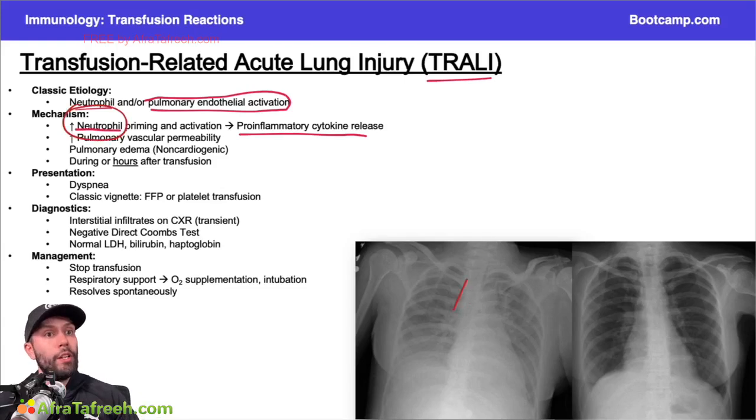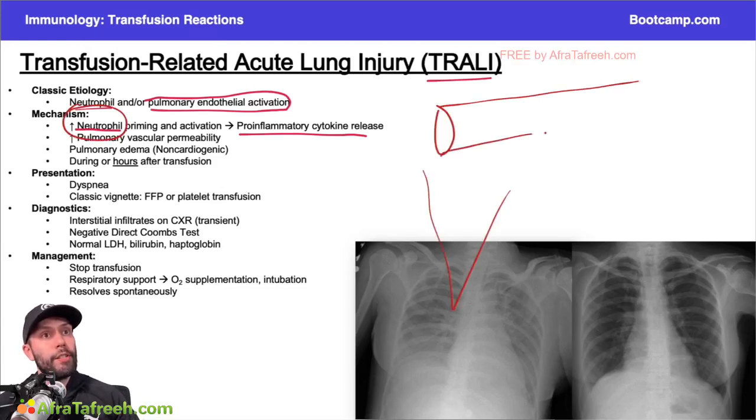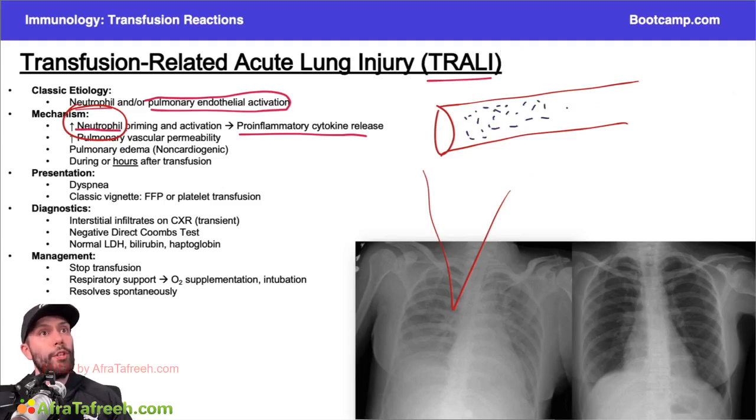So if I take a snapshot way deep into the lung parenchyma, I'm going to take some pulmonary blood vessel here. I have a blood vessel running here, and all of these neutrophils have released their cytokines into the pulmonary vessel. These are acute inflammatory cytokines, and they're going to cause vasodilation of these pulmonary vessels.